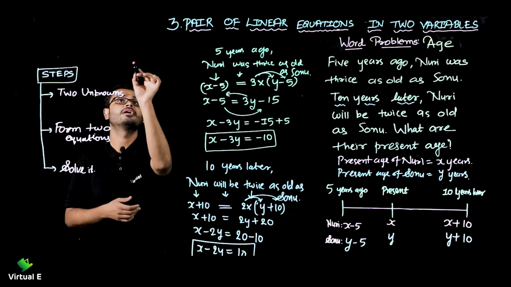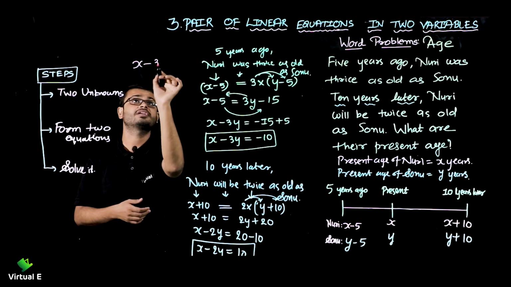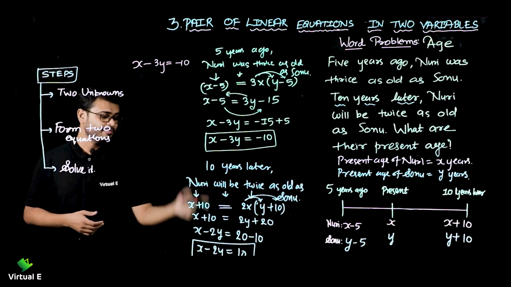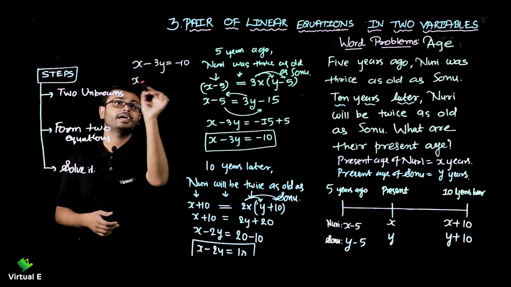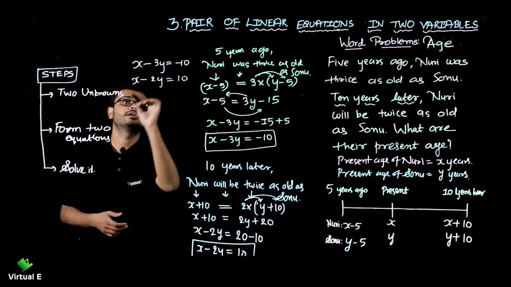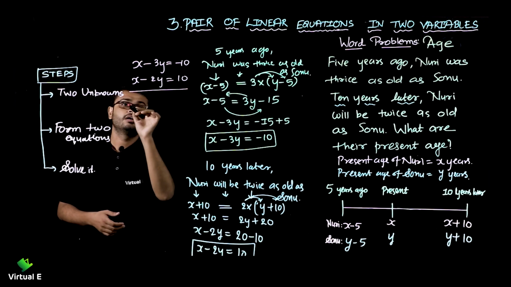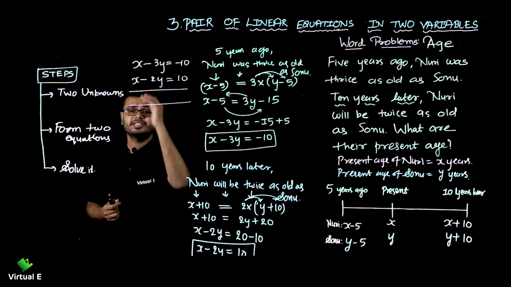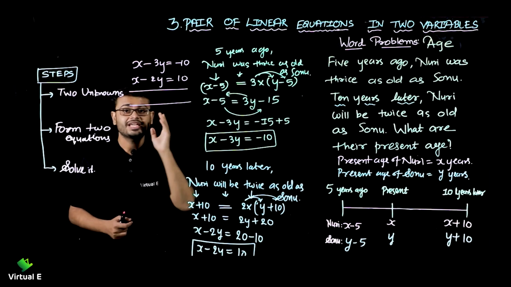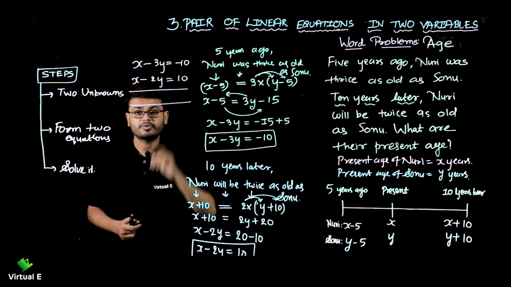So let's do it. x minus 3y is equal to minus 10, first equation, and I'm writing the second, which is x minus 2y is equal to 10. Now see, they have the same sign. Remember the rules we learned in elimination method. Same sign means what? We are going to subtract.